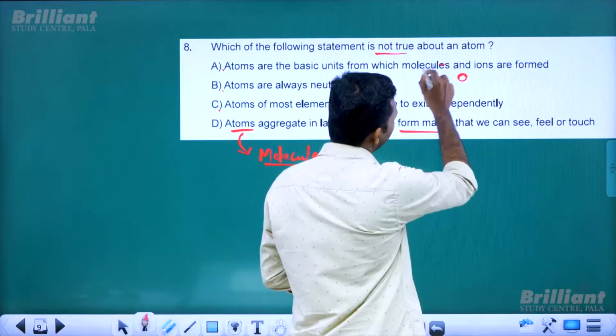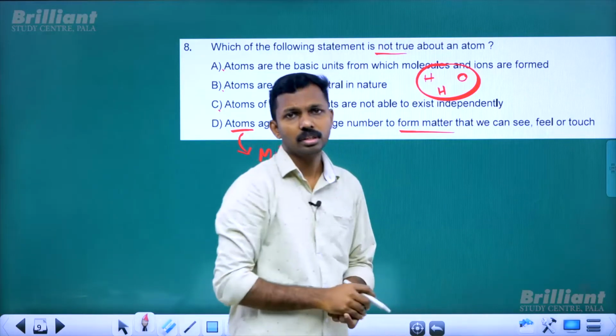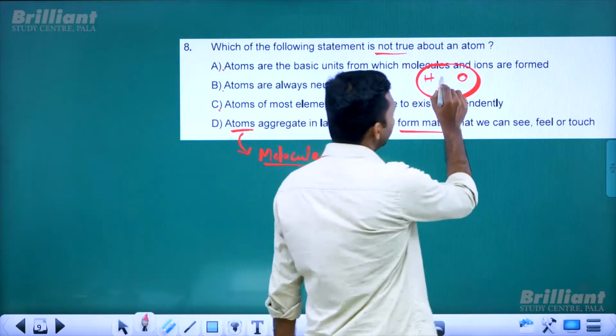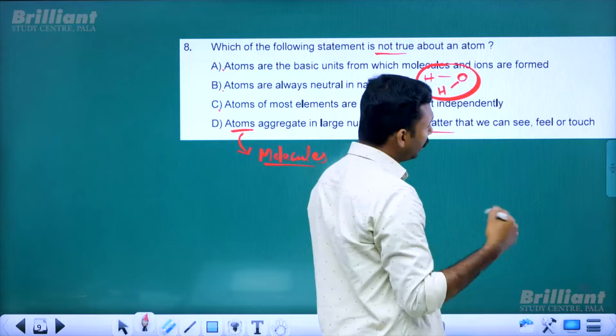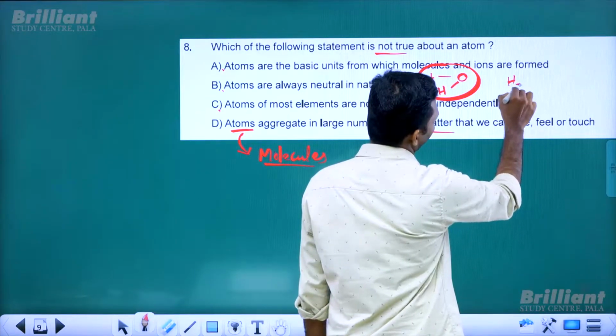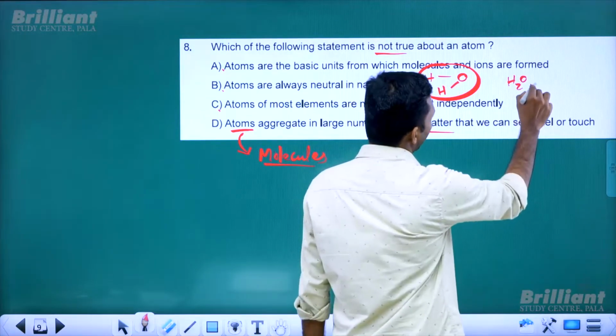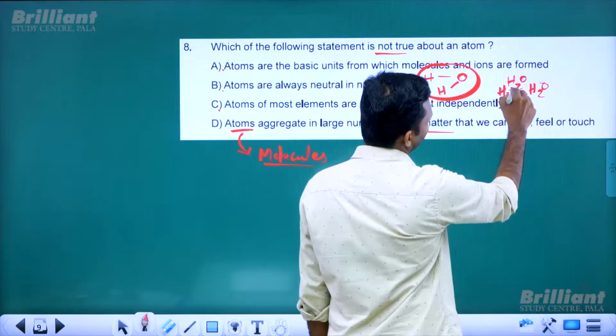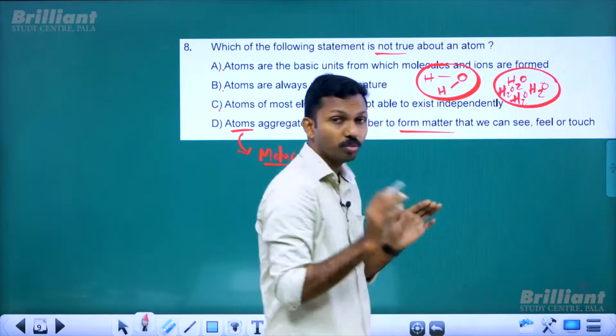I am considering a group of these atoms. Will it make water? No. These atoms should be combined together and form the H2O molecule, and aggregation of this H2O molecule may form the matter, the substance, water.